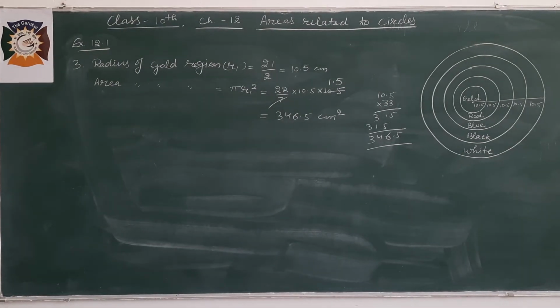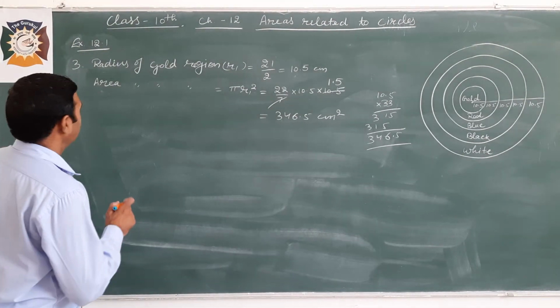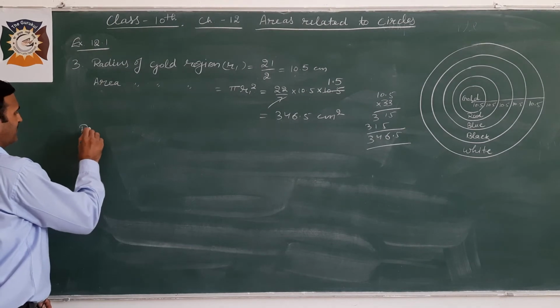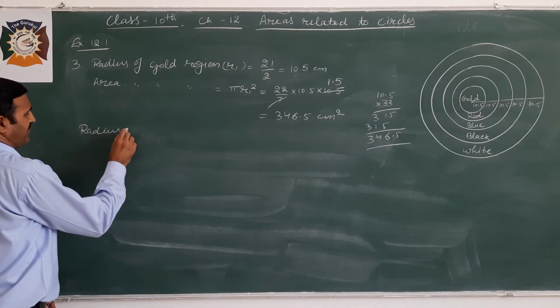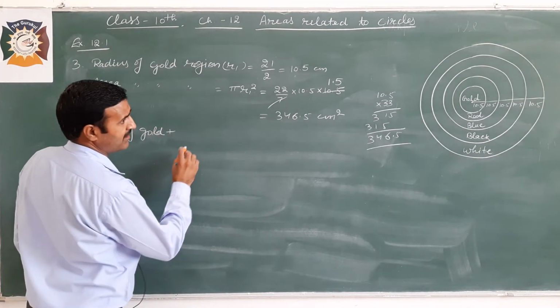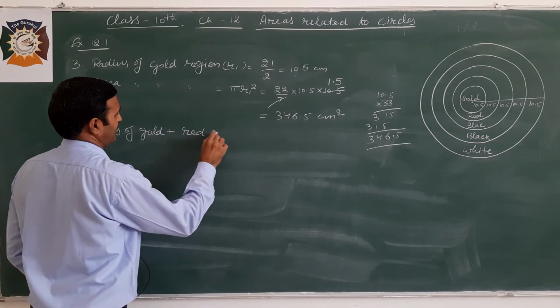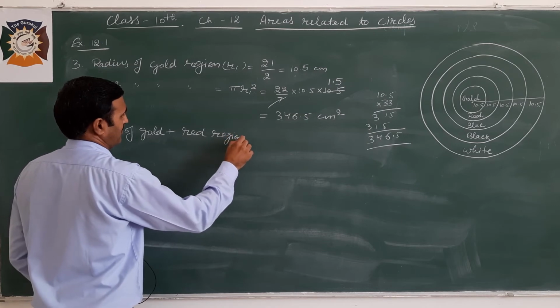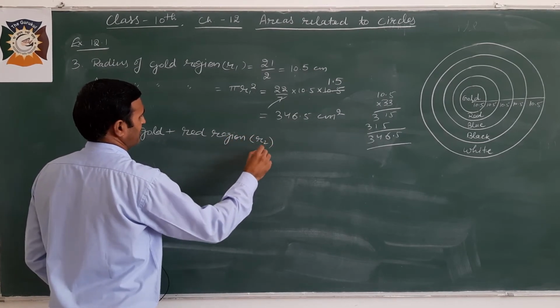Now the radius of gold plus red region, that is R2.